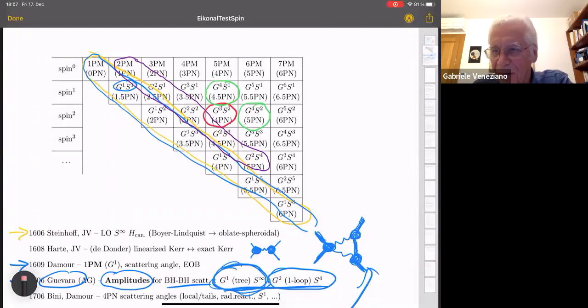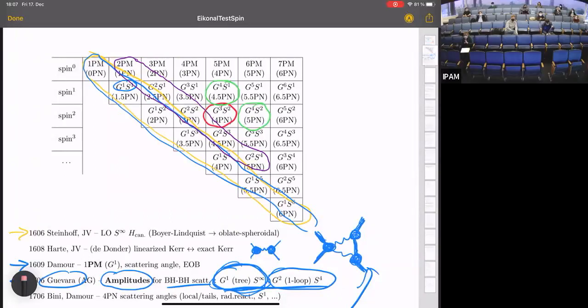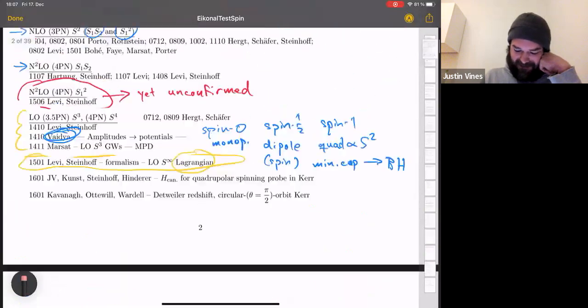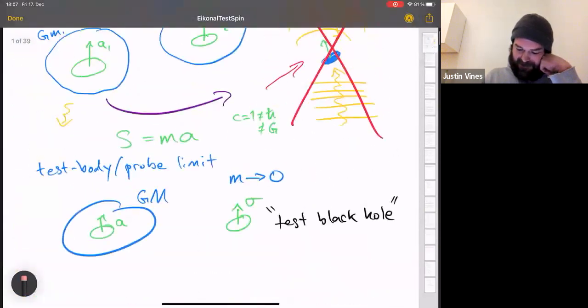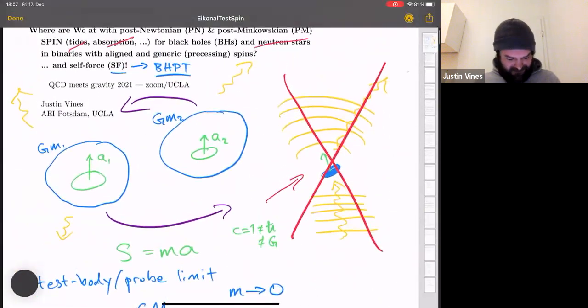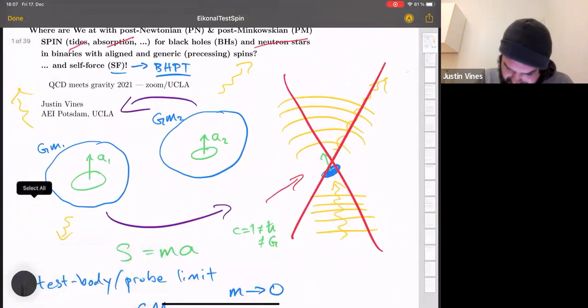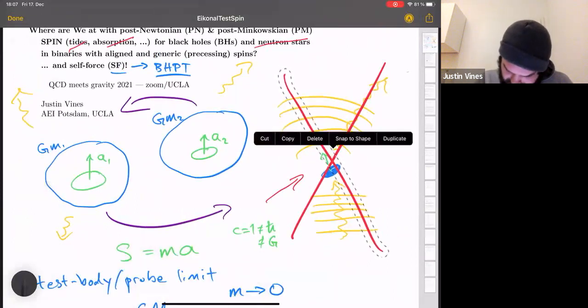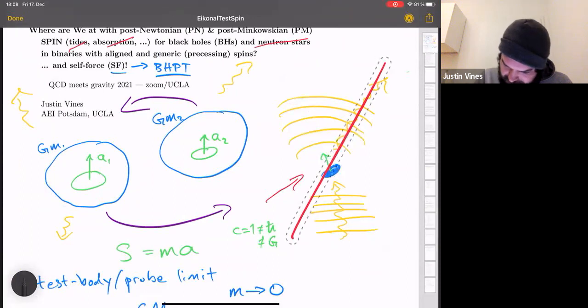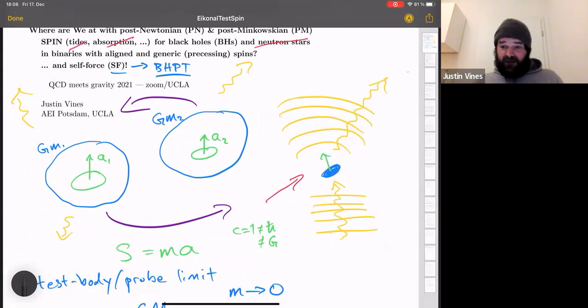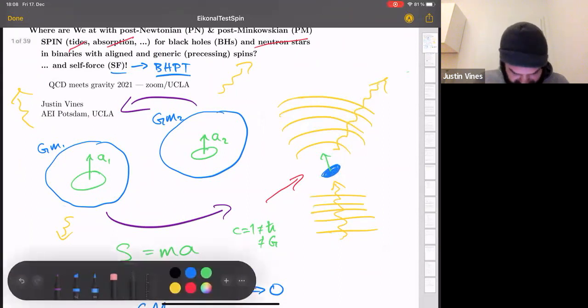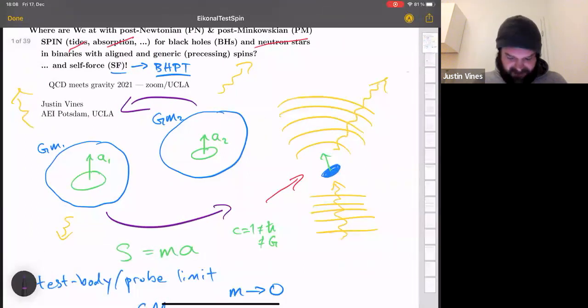So what's the way forward for going to higher spins? Right. Okay, so one possible answer is what I was saying.